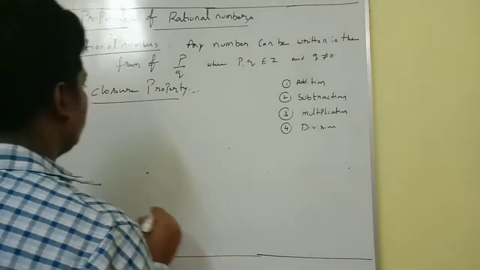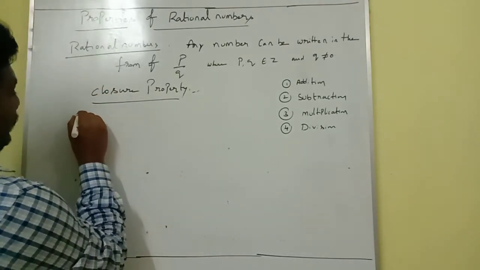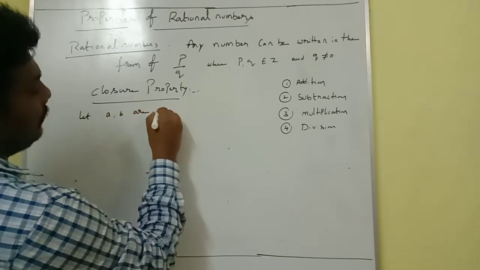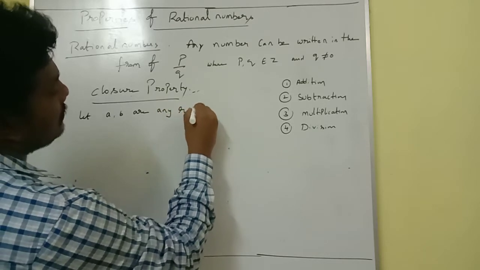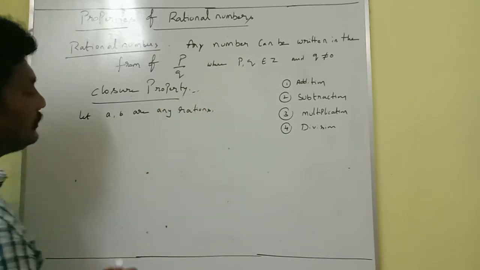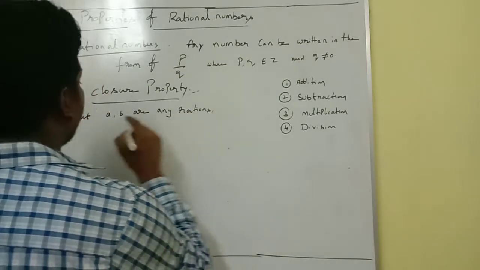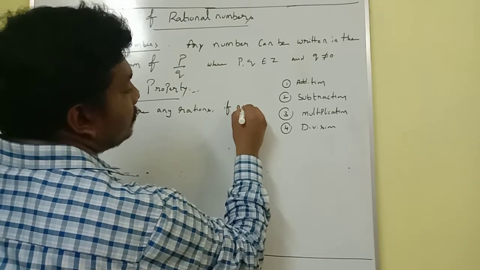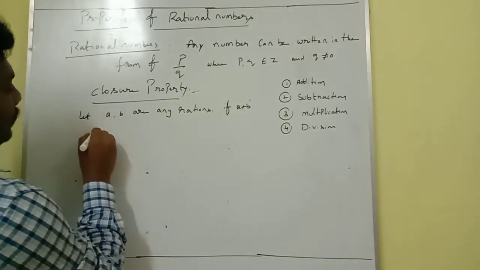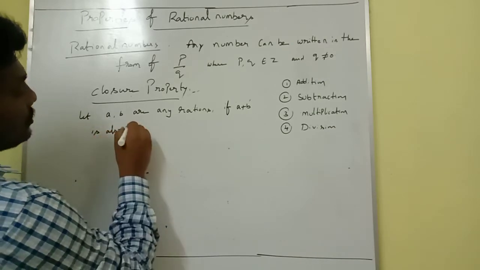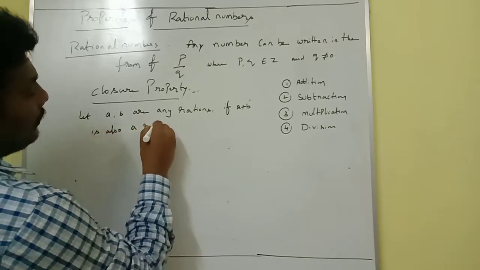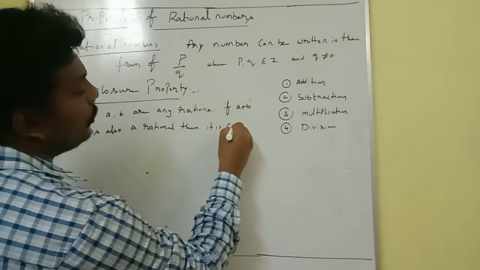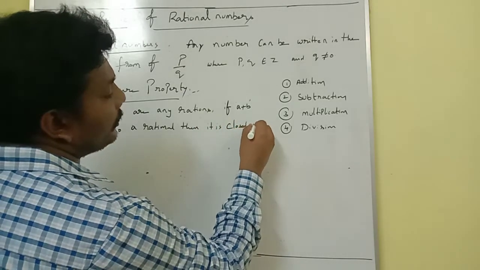If a plus b is also a rational, then it is closed over addition.